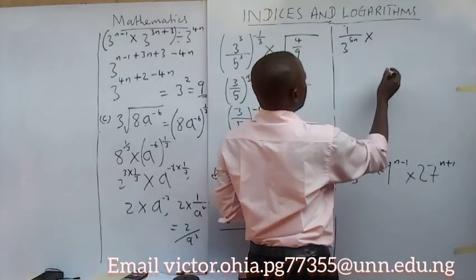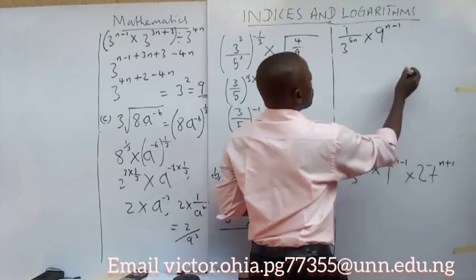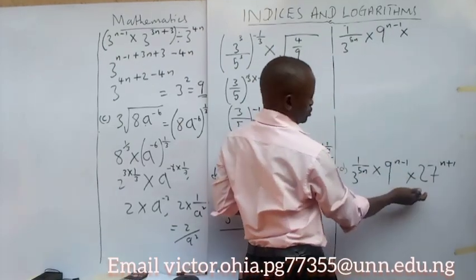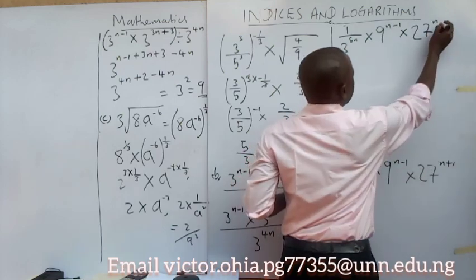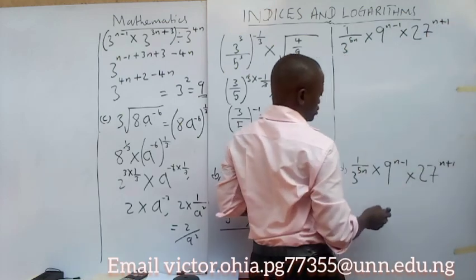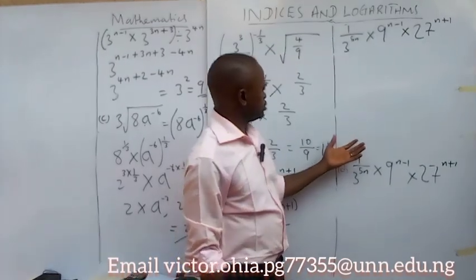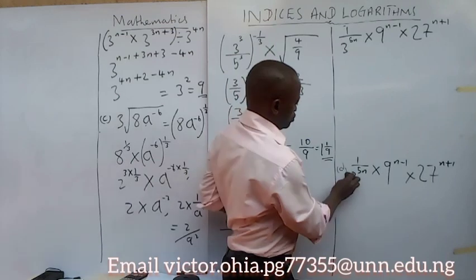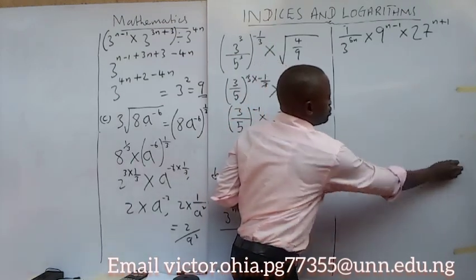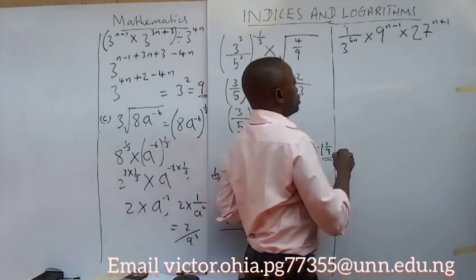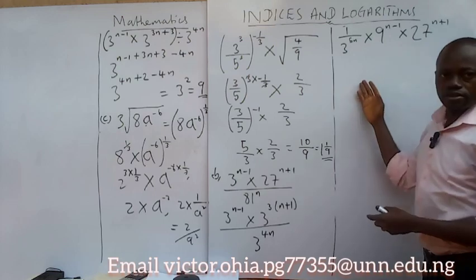Okay, times 9 to power n minus 1, then times 27 to power n plus 1. Okay, so you realize that we have to look out for the best way to assess this problem.